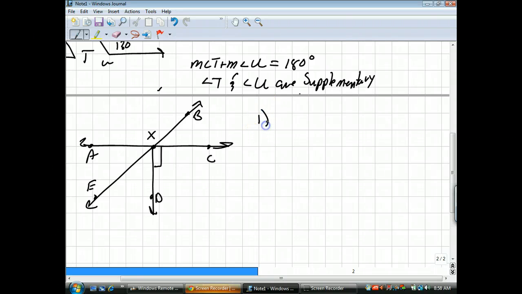So number one, another right angle besides the one that I have marked would be angle AXD.